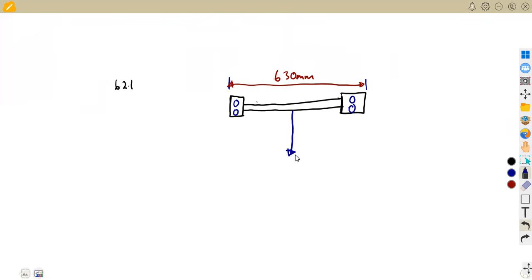So as we have a force of 20 kilonewton, what does it mean if it is in the middle?